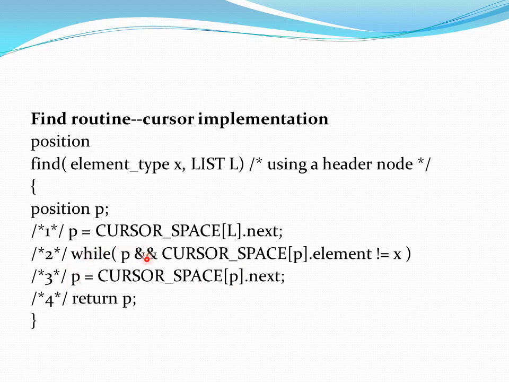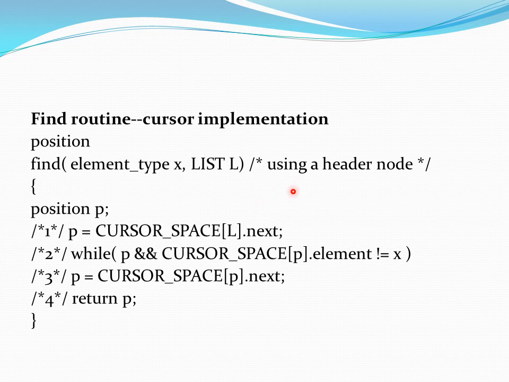Again the while loop is executed: P and cursor_space[P].element not equal to X. If this is true, you move the position. If it is equal to X, the search element is found, so we return the position.